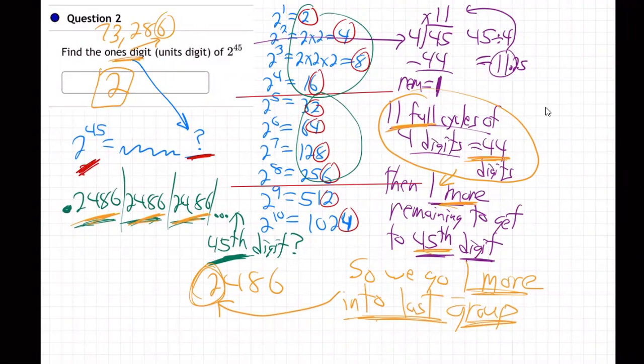And how do you go way down the line in a repeating cycle, 45 places down the line? You've got to divide. You got to see how many full groups of 4, 11 full groups of 4, and 1 remaining. The remainder is always the key because that means how many you have remaining in the last cycle. 1 more into the last cycle. The first digit is a 2. That's it. It's got to end at a 2.